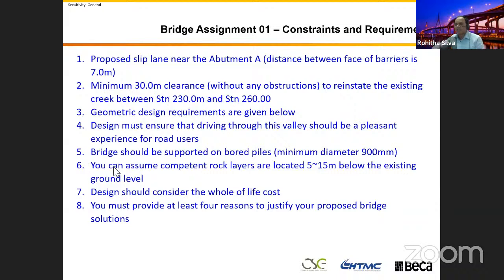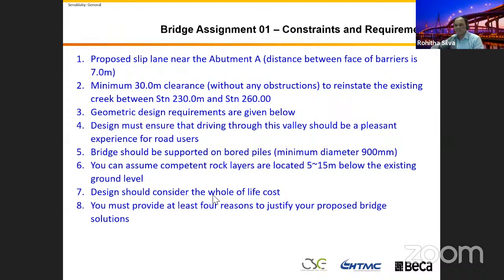You can assume the competent rock. I gave that if you want to use it in your bridge modeling. Later, we're going to use the same problem for bridge modeling purposes, 5 to 15 meters below the ground level, for you to assume the bridge height and imagine the flexibility of the bridge.